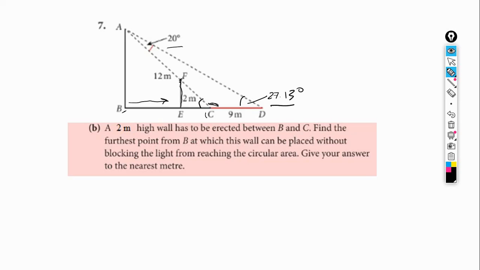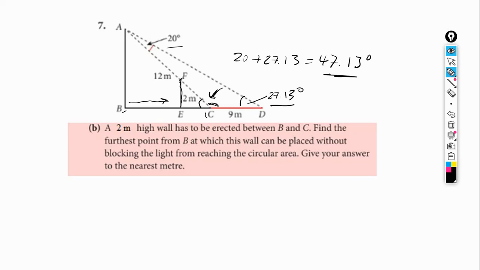So if we add those, 20 plus 27.13, that's going to equal 47.13 degrees. So these two angles added are 47.13 degrees. So this other angle here, C, has to be 180 degrees minus that.